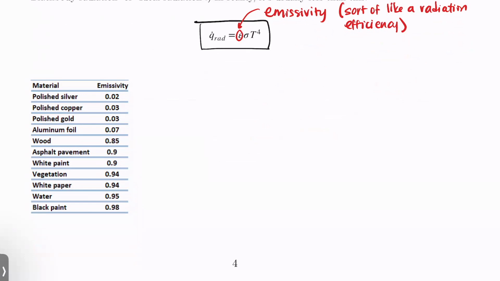If you have reflective materials, at the top of this table you see polished silver, polished copper, polished gold, foil. Generally, visually reflective things are going to have a lower emissivity. And things that are more opaque or dark, like wood, vegetation, paper, water, black paint, all have a much higher emissivity value. So these are just typical values of emissivity.